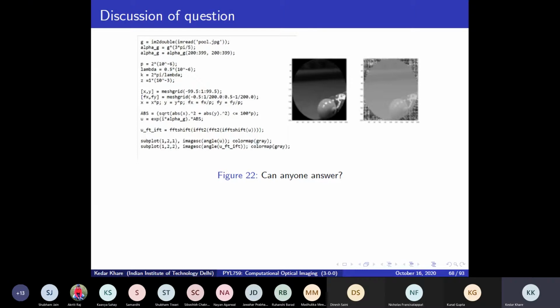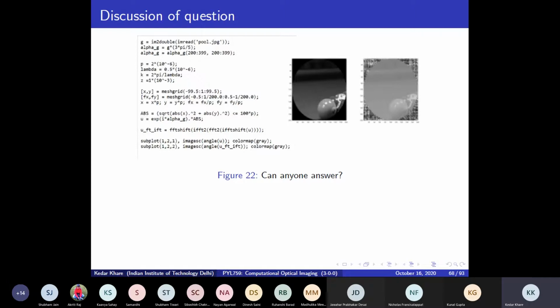You can try yourself. You take a picture, you take FFT of that, and then take IFFT of that. They need to add IFFT shift or FFT shift in between the IFFT2 and FFT2. Meaning that is preferable, but here it's not going to make much difference.